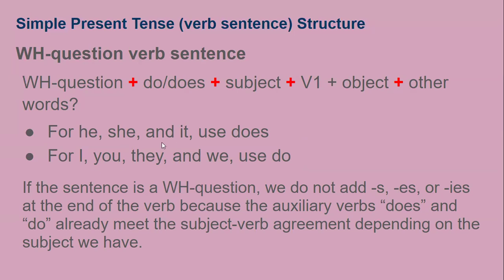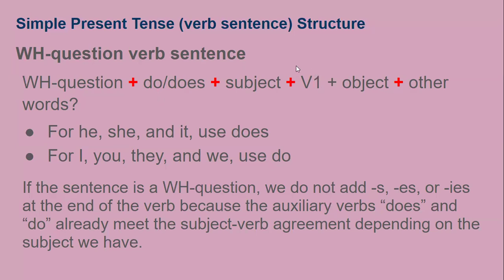The same goes if our subject is I, you, they, or we, right? Like we said, for those subjects, we do not do anything to our verb. Hence, our verb is in its original infinitive form. It doesn't end with es. Okay? So remember this.